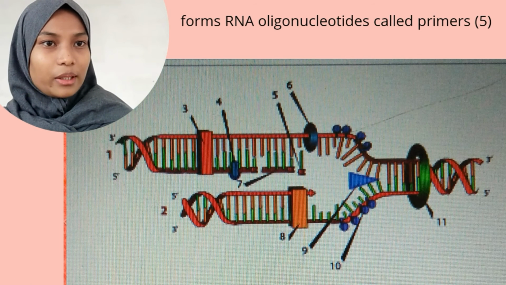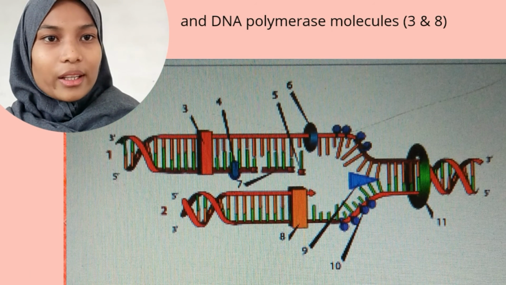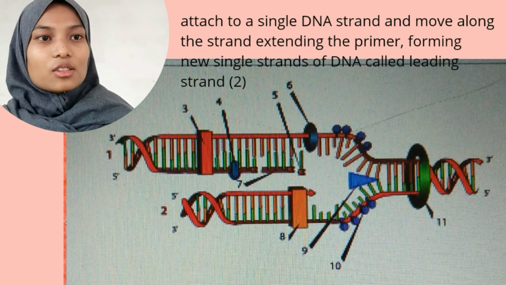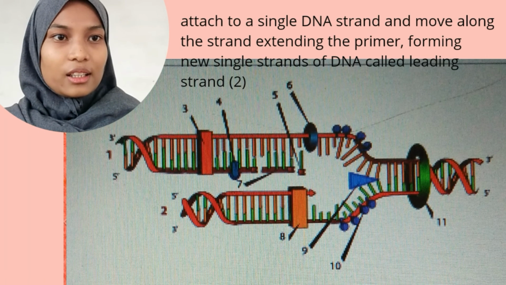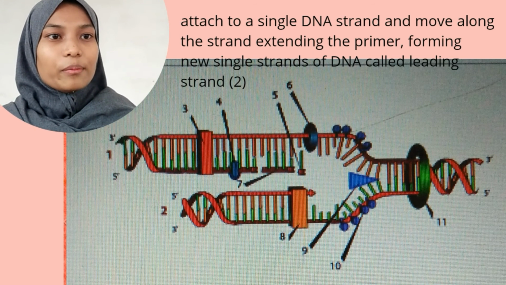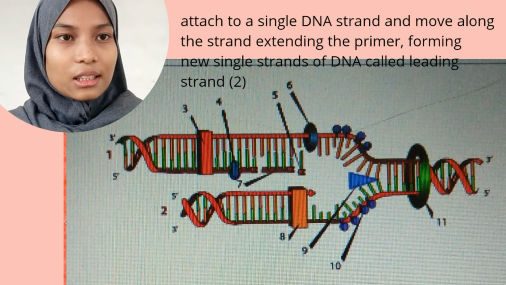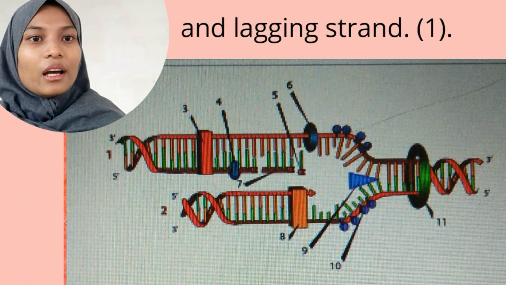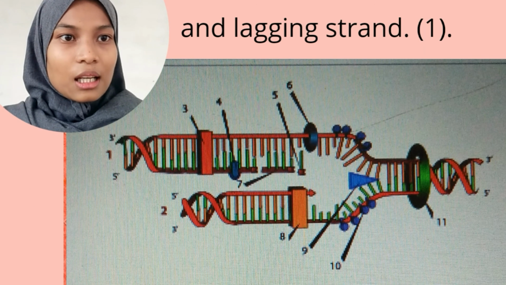oligonucleotide primer and DNA polymerase molecules attach to a single DNA strand and move along the strand, extending the primer, forming new single strands of DNA called the leading strand and lagging strand.